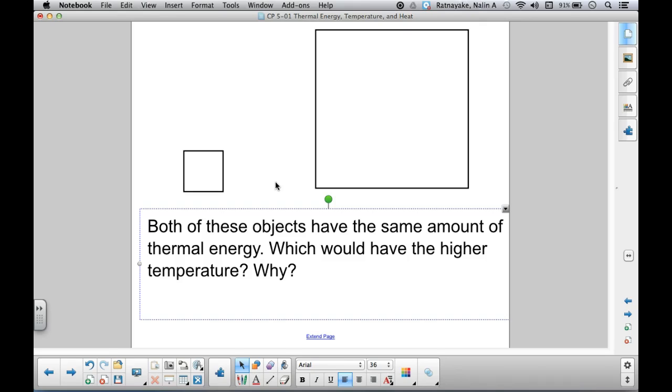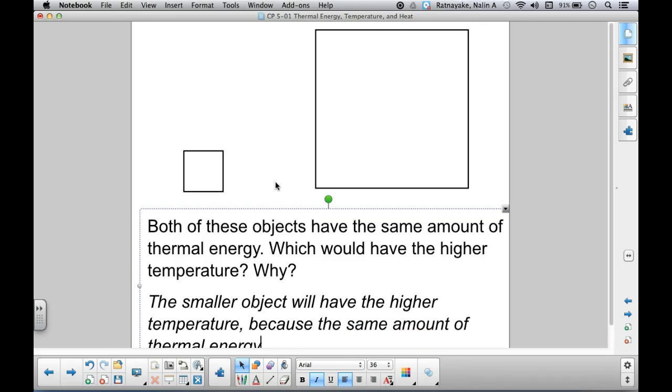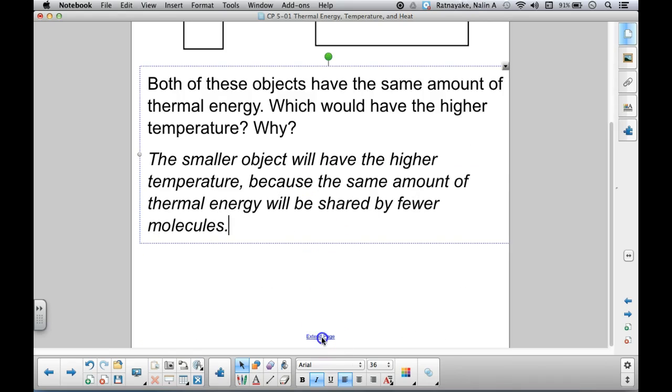So how would we sum that up? Let's say the smaller object will have the higher temperature because the same amount of thermal energy will be shared by fewer molecules.